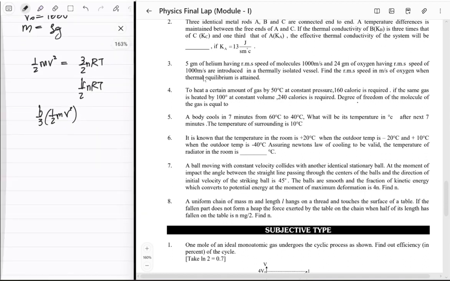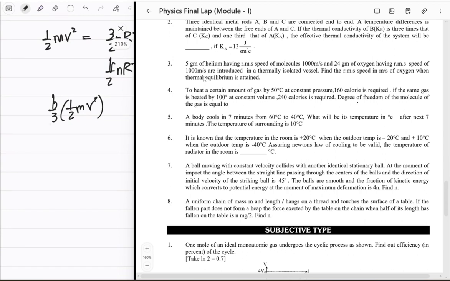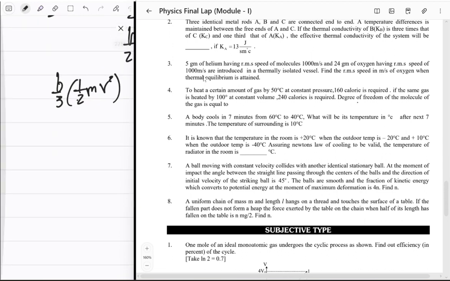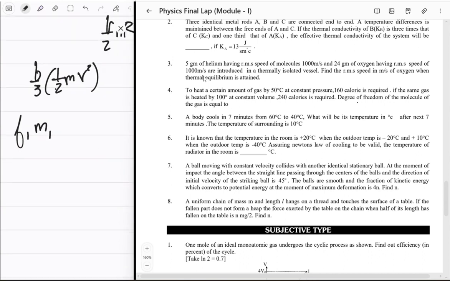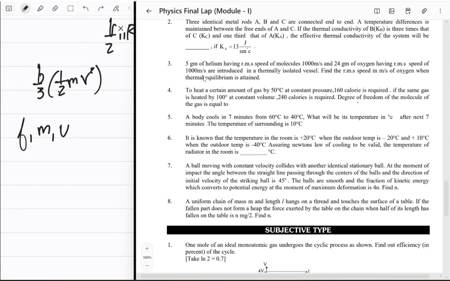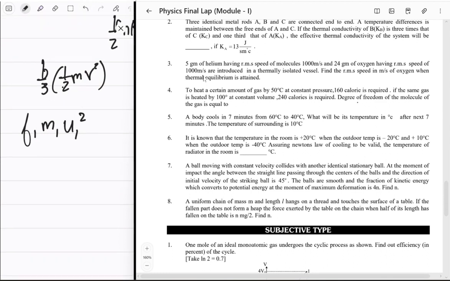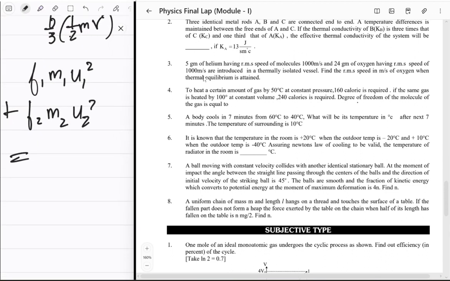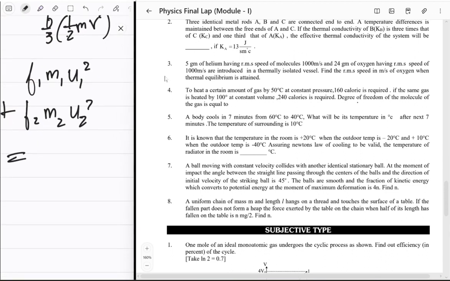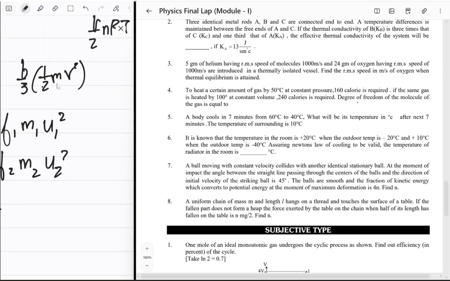Okay, let's do the thing. So forget about this upon 3 upon 2. All we have to do is F1 M1 U1 squared, which is initially its RMS speed, plus F2 M2 U2 squared, that equals, because now their temperatures have become the same. Oh god, same temperature. The RMS speeds are not the same, but their mv squared will be the same, right?